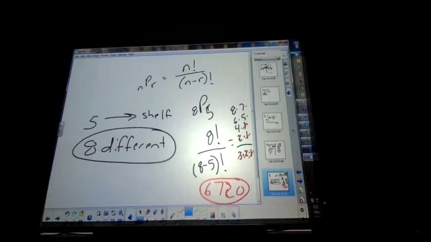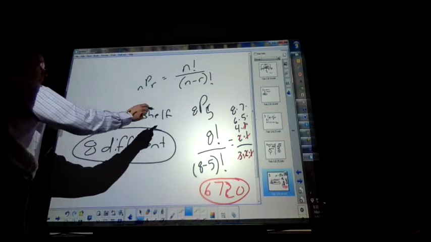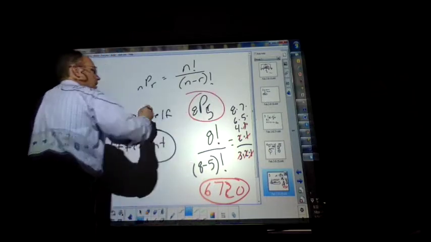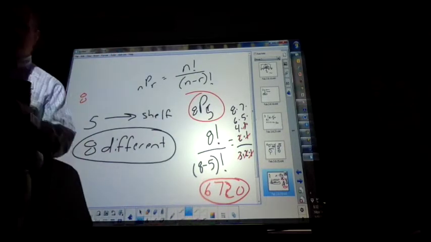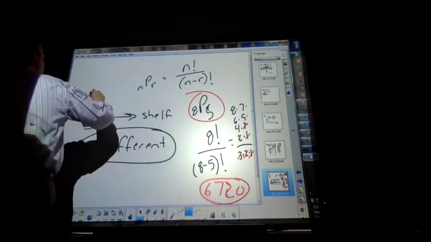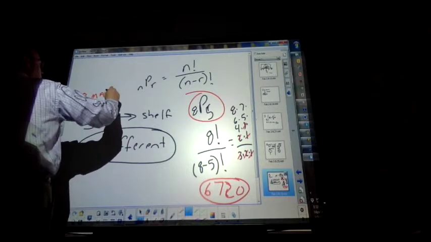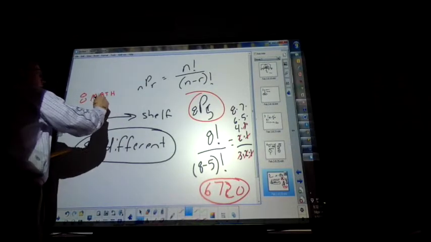In order to find the nPr key on the calculator, first thing you're going to do, if we're going to do this problem, is type in just the number 8 first. So if you have your calculator out, type in the number 8. Then you're going to hit math. Then you're going to go over to PRB.